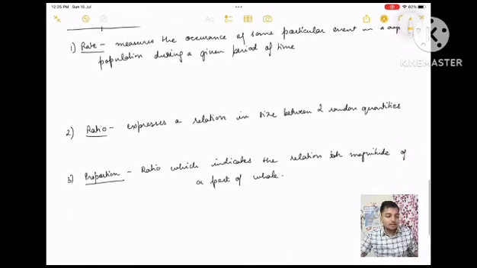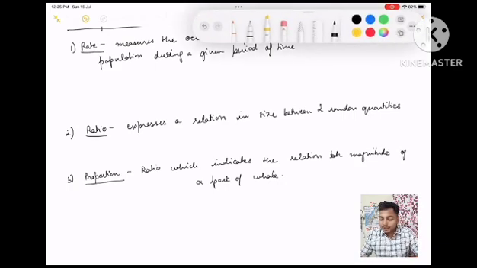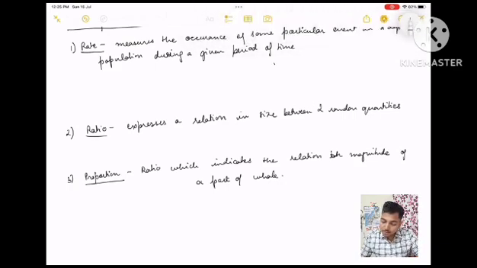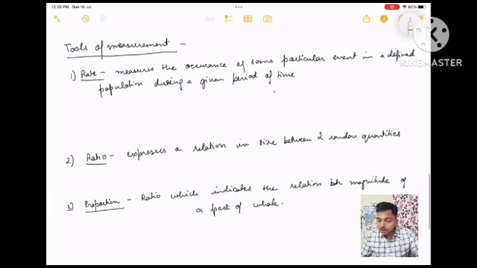Now the last thing that comes here is the tools of measurement. So first of all, we have rate. Rate means the occurrence of a particular event in a defined population during a given period of time. Basically, rate is for a particular time period, so the time here is defined. For example, you have death rate.